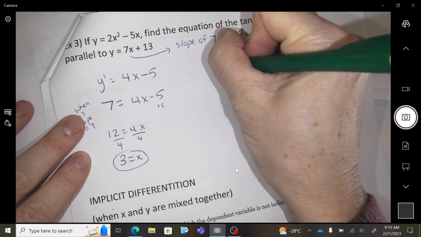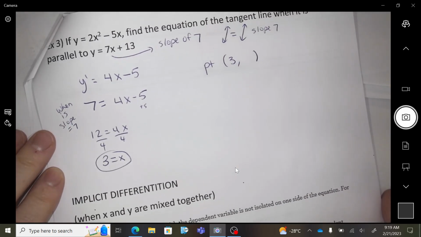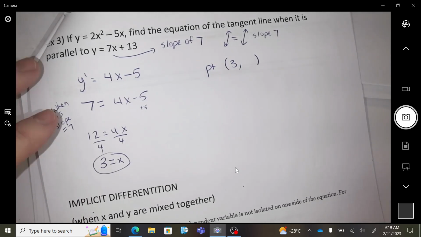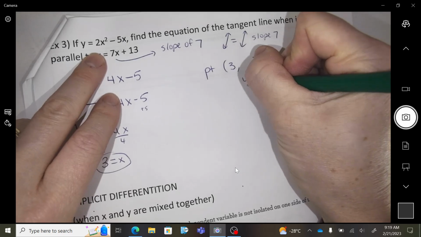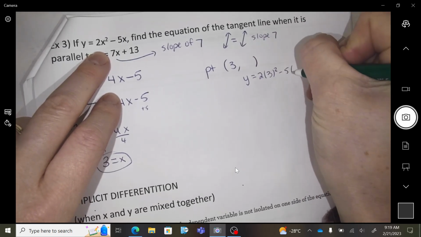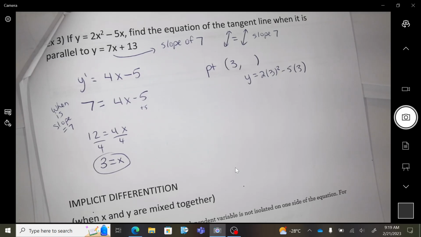So I need the point 3 comma what? And then where do you always plug in to get points? All the way into your original. So always plug into your original to get your point.